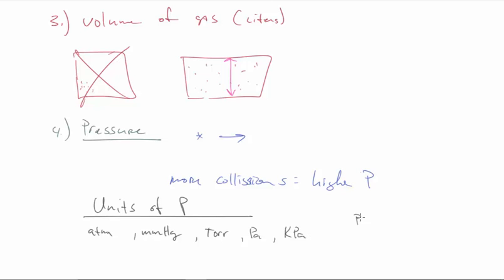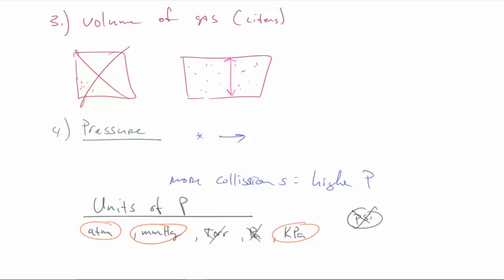Now, the American version, PSI, which is pounds per square inch, we're not going to be dealing with. And to be honest with you, we generally won't deal with pascals or torr. The major pressure units that we'll need to be familiar with are atmospheres, millimeters of mercury, and kilopascals.